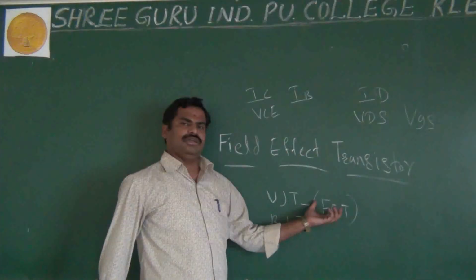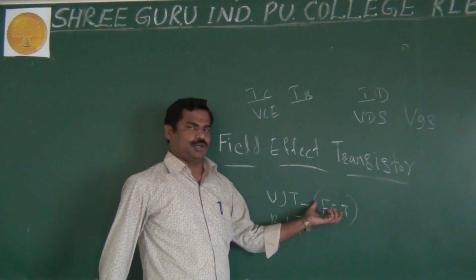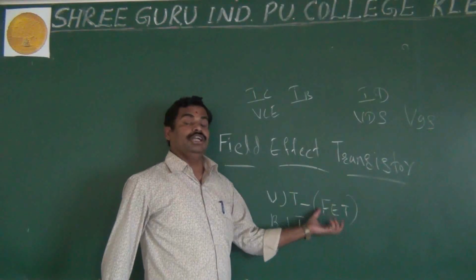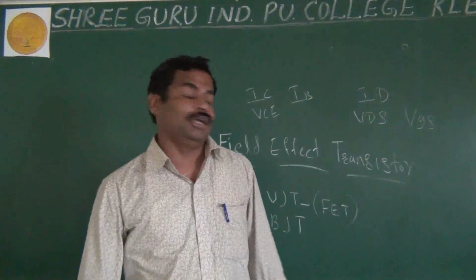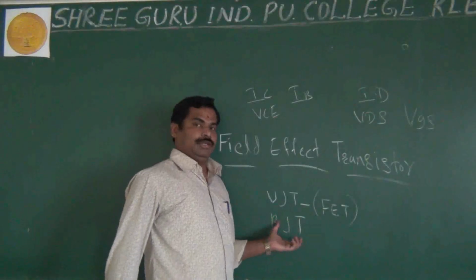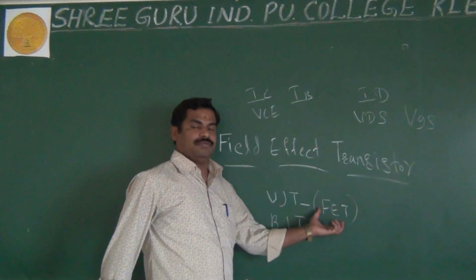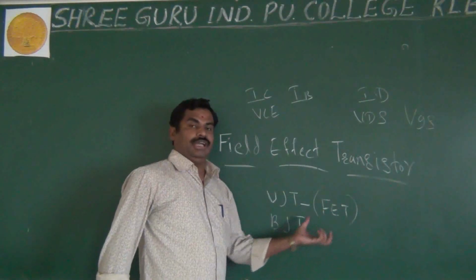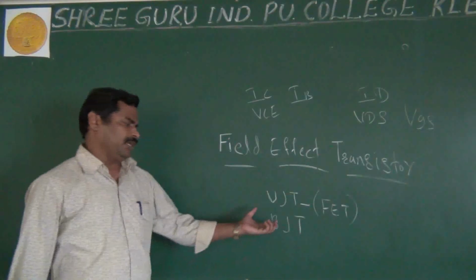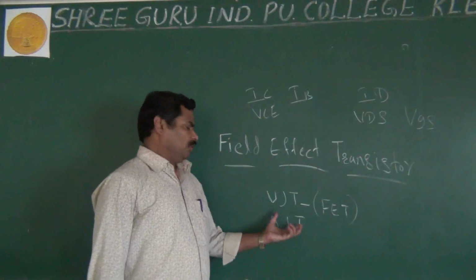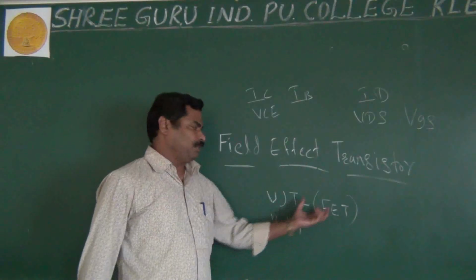And why are you using FET in ICs, in integrated circuits? Because it is very easy to fabricate the FET in ICs rather than your BJT, because it takes very small space as compared to the BJT. In IC, it is also possible to fabricate a BJT, but the BJT takes more space as compared to the FET.